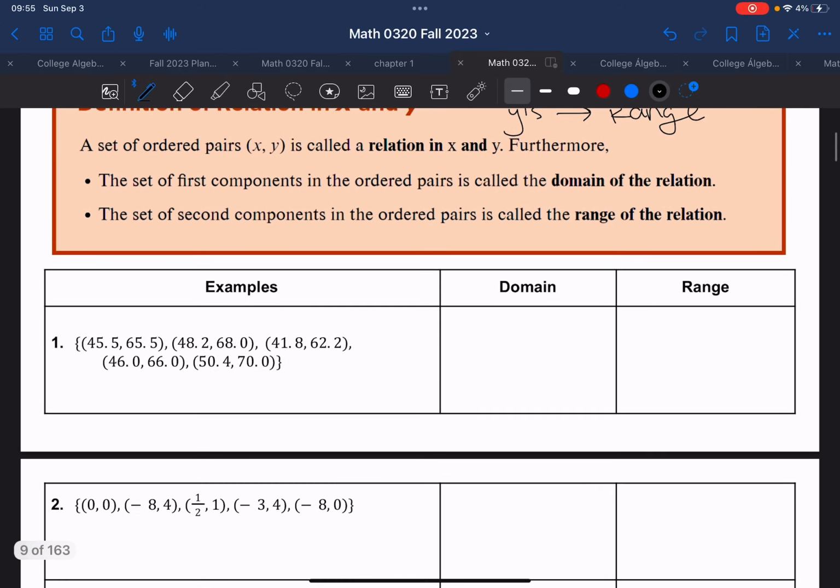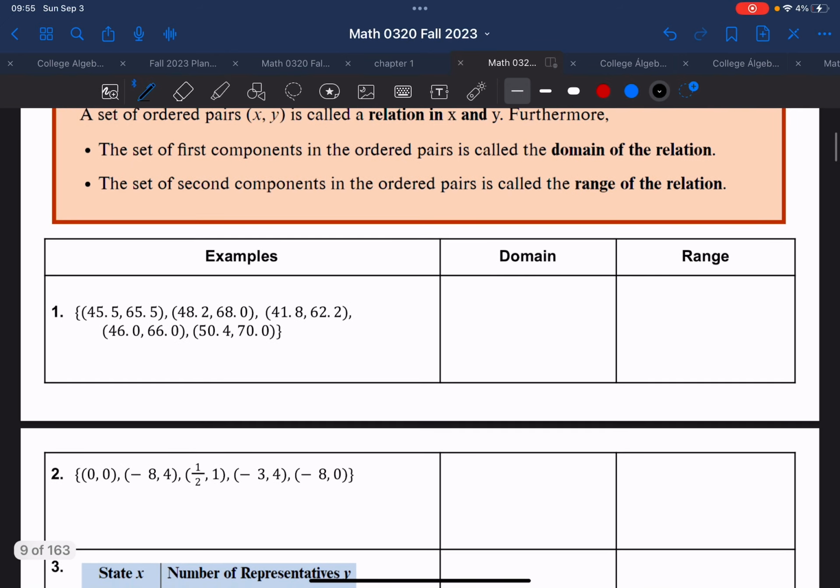So if we look at some examples, notice in this first example here, we just have a set of ordered pairs. Okay, so it's just a bunch of coordinate points x comma y. So we know that all of the first numbers are x. So here are all my first numbers, all of my x's, okay?